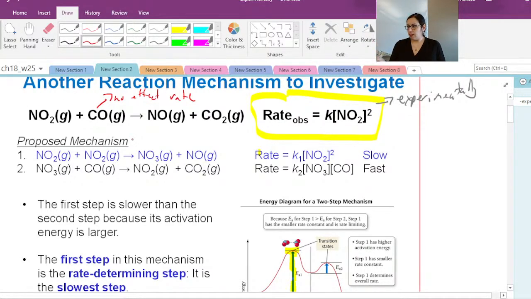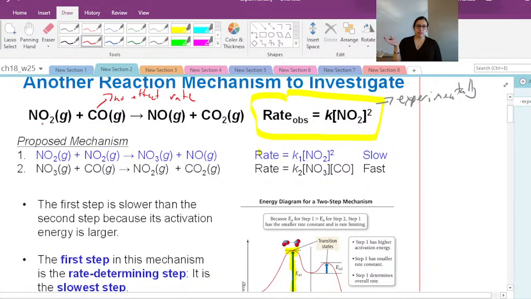That's why it's saying the rate observed, and I put this experimentally, because we weren't given the direct data for how they got this. You want to recognize what it means: my reaction is showing NO2 plus CO, but our rate law is saying it's not dependent on the CO, and it is second order with NO2.